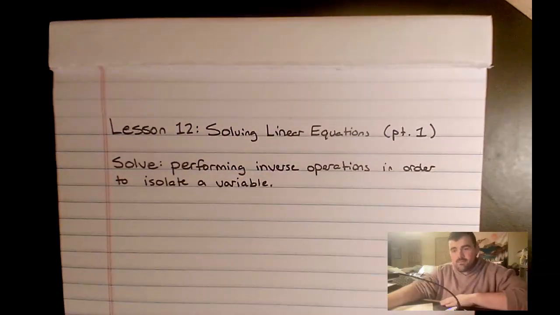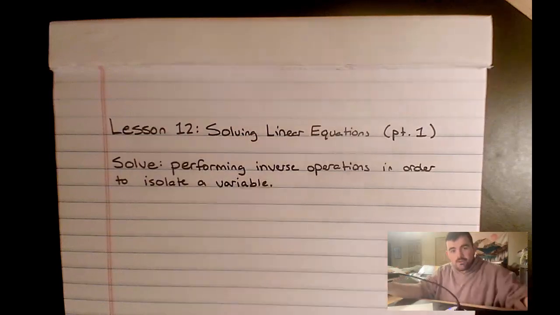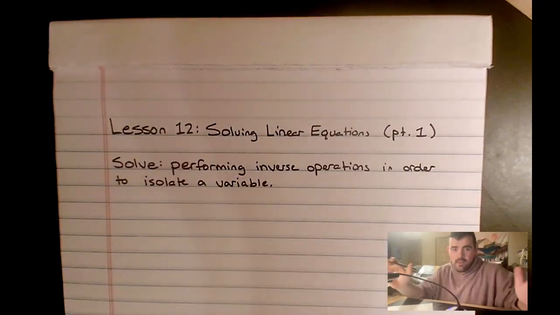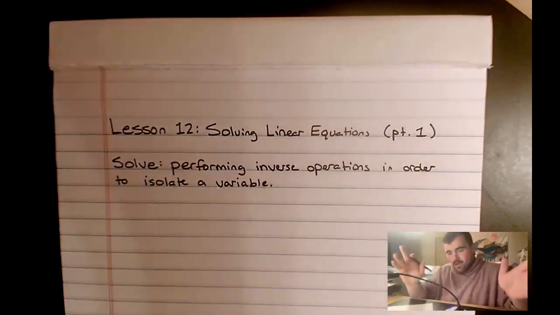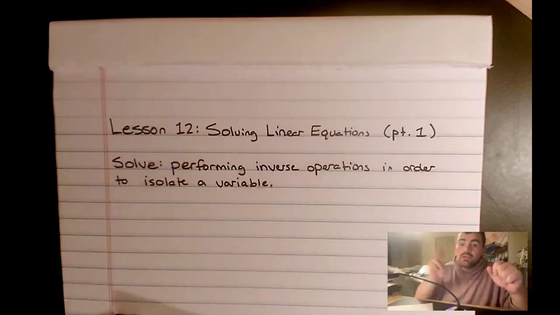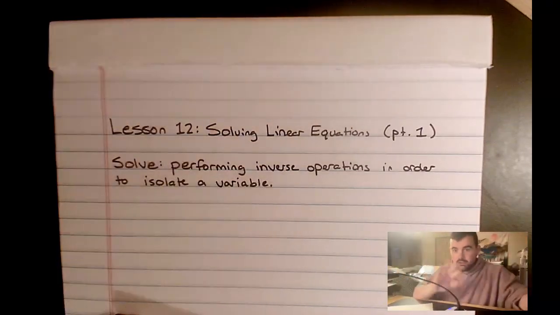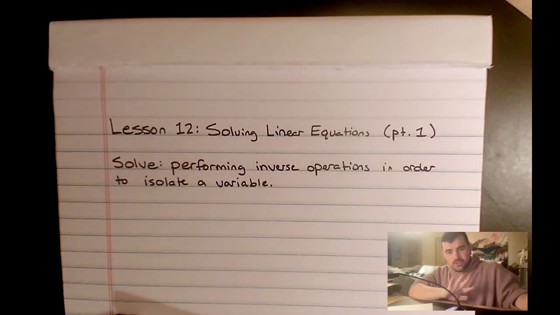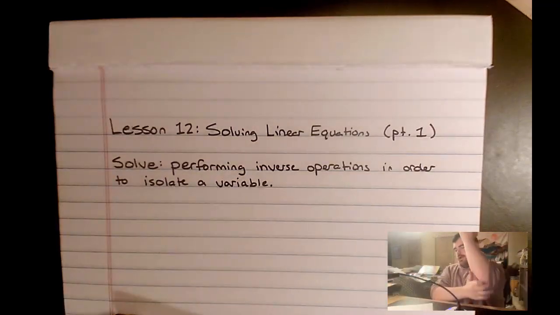By isolating a variable, meaning get the letter by itself, we can determine what its value is in an equation. Just make sure you're performing inverse operations. So what I mean is, if you see addition, subtract. If you see multiplication, divide, and vice versa. So undo subtraction by adding, undo division by multiplying, okay?